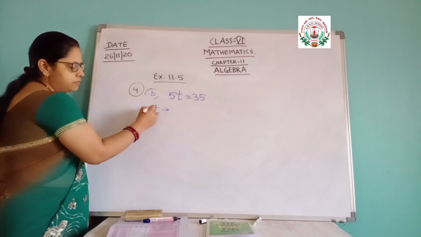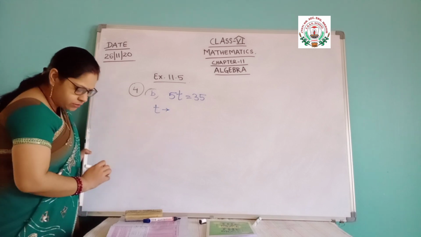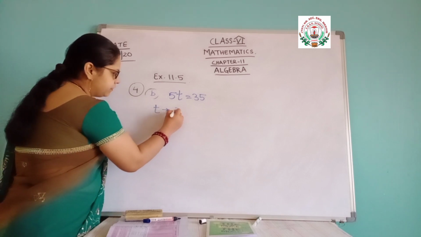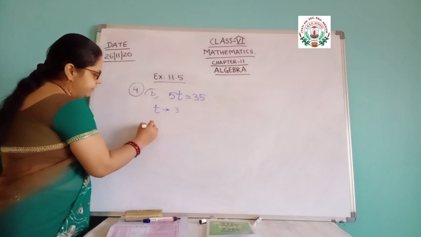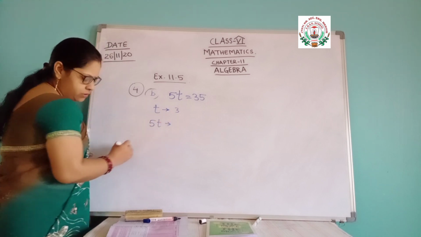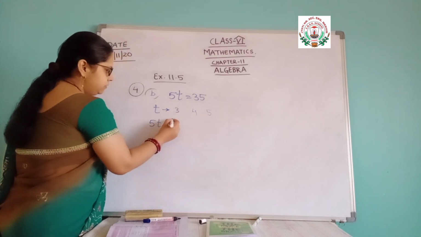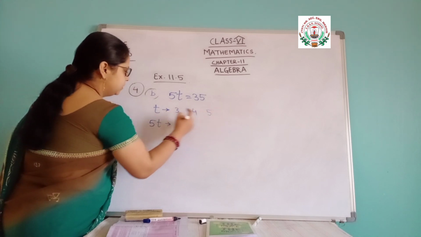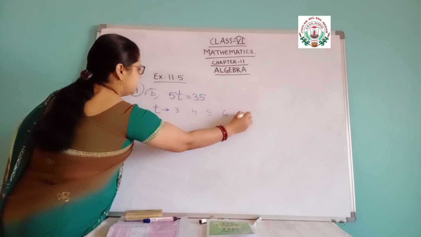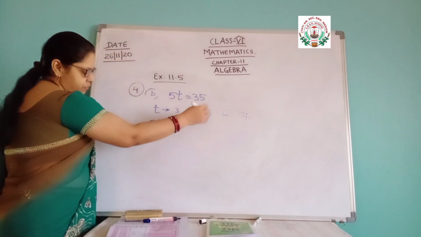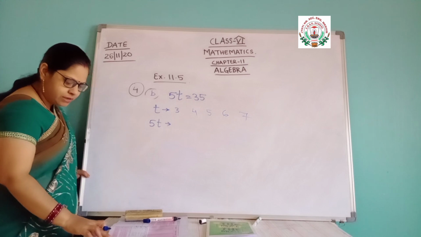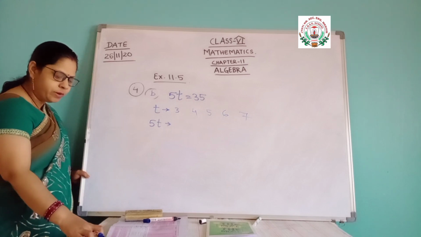For the variable t you have to write down the values, and values are starting from 3. And for 5t you have to find for the rows 3, 4, 5 and so on. And 6 and 7 more are given, up to 11 is given, and then the other 5 blanks are given.